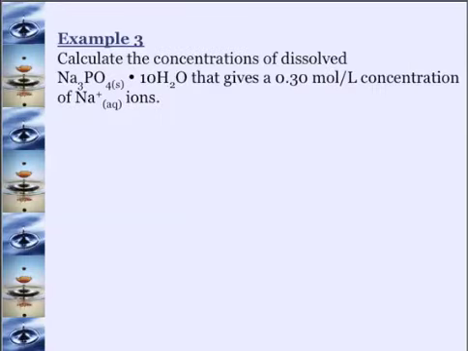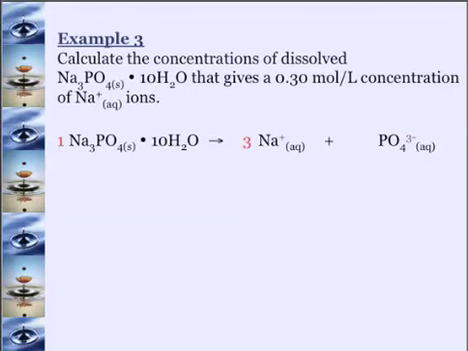Example number 3: calculate the concentration of this particular equation that gives 0.30 mole per liter concentration of sodium ions. So we're now only looking at the sodium ions. We do our dissociation equation, which is a 1 to 3 to 1.